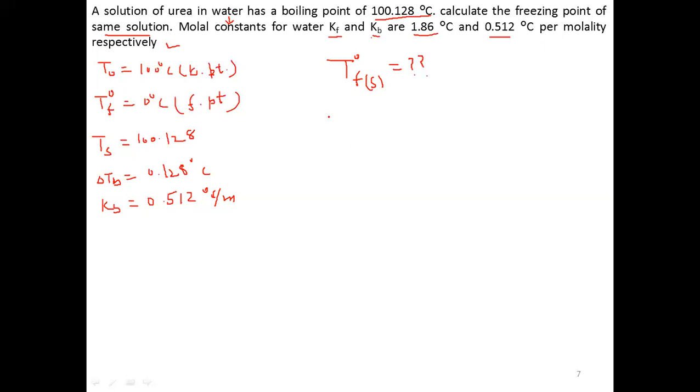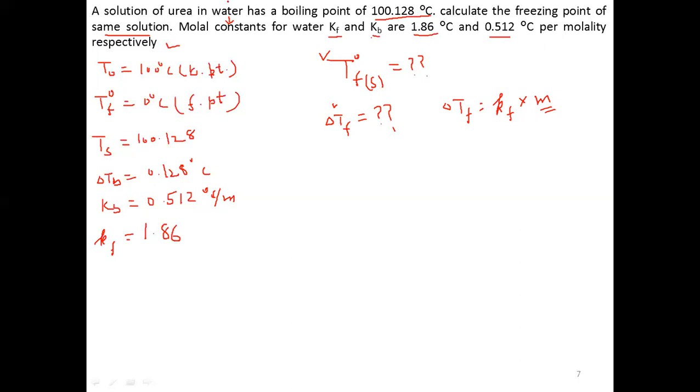Now delta Tf is the depression in freezing point, so we will calculate the freezing point of the solution from delta Tf. Delta Tf is equal to Kf into m, but the value of m is not given. Kf is given. What is Kf?